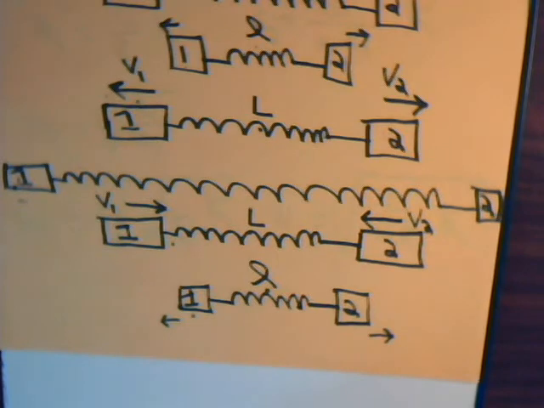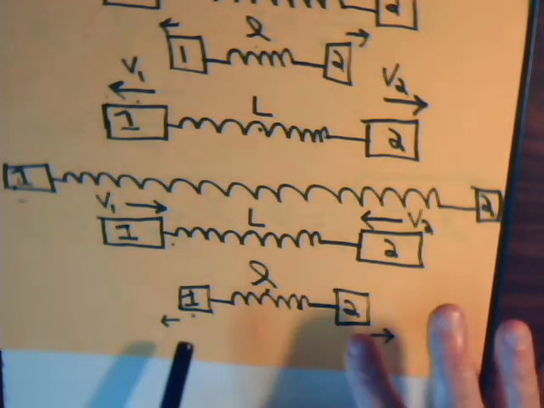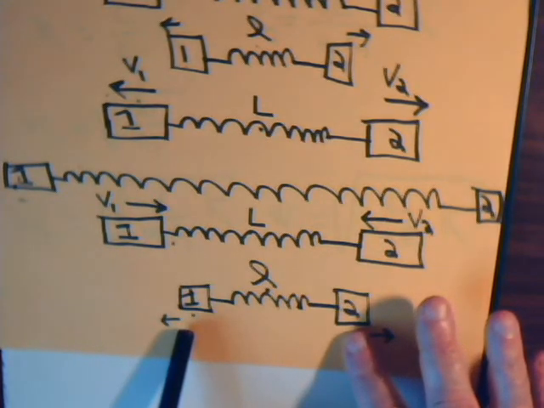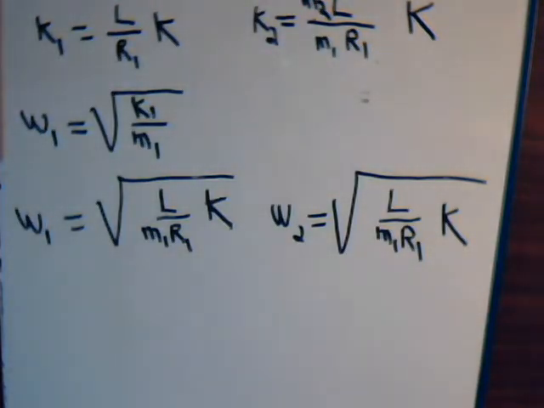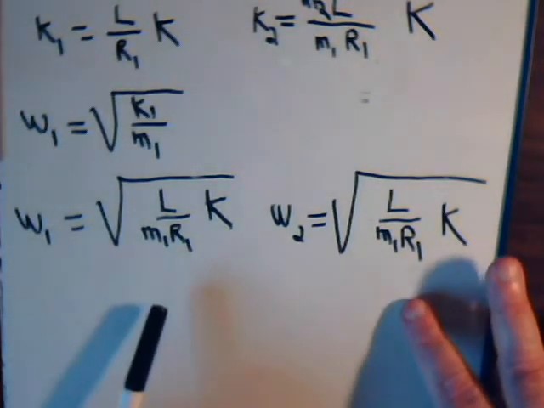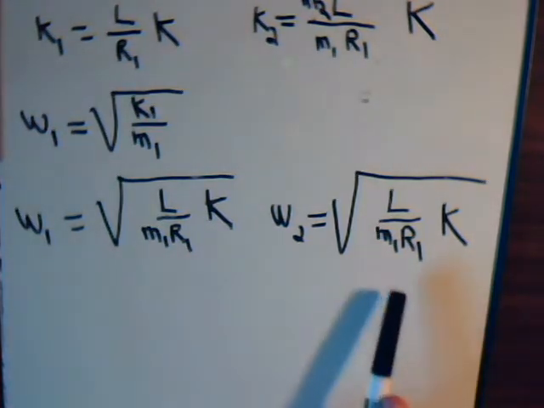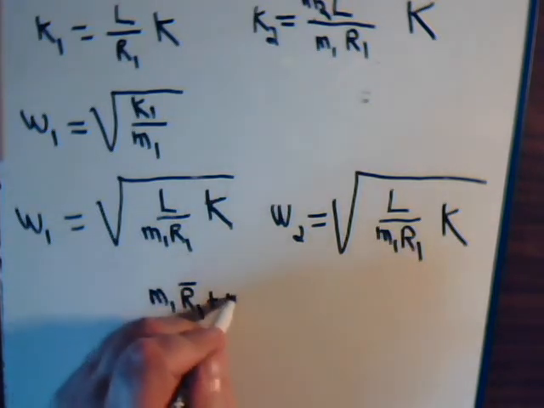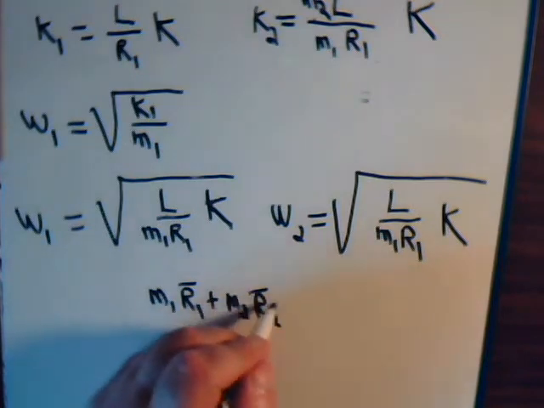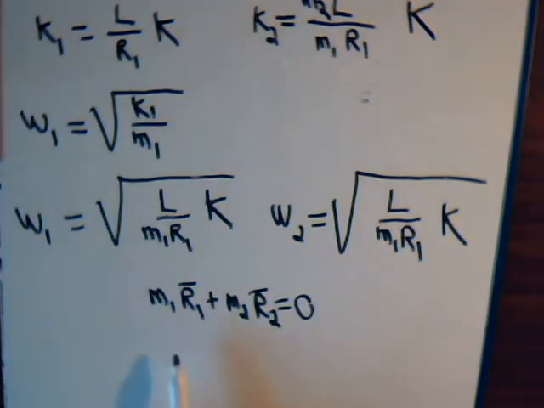So as we talked about in the previous video, we were certain that the frequency of oscillation of these two masses had to be the same, and indeed they are. We just proved that, plus we also derived an equation for them. Now M1R1, remember our equation, the magnitude of M1R1 is the same magnitude as M2R2.